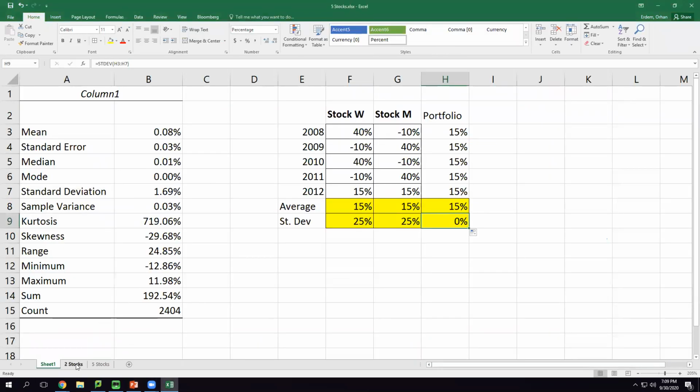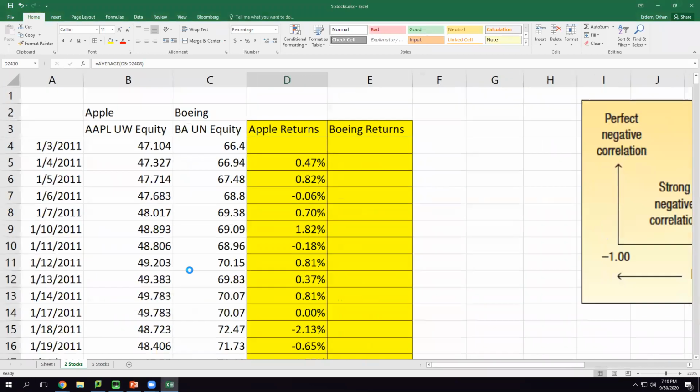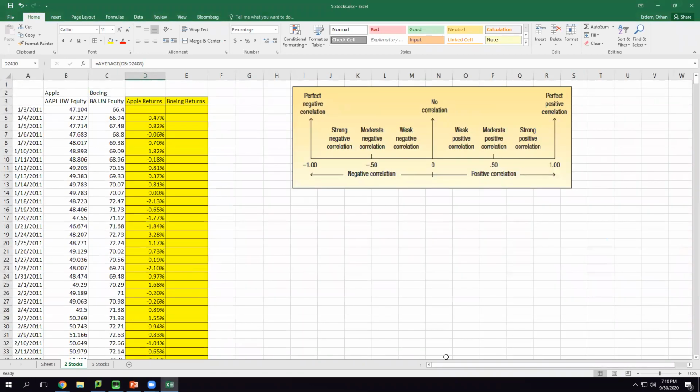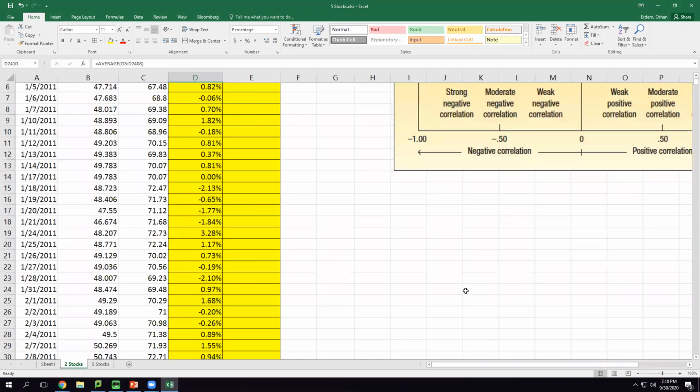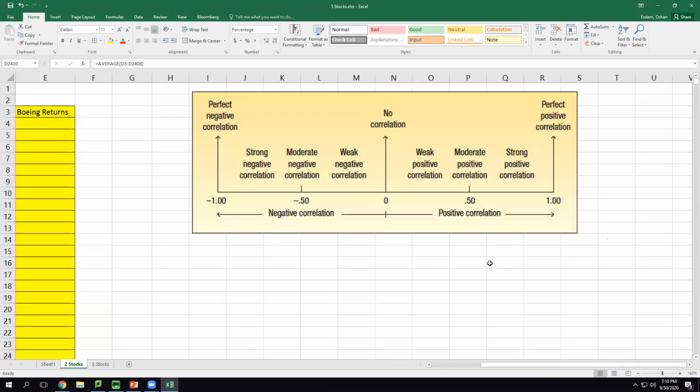Let's open this Excel sheet, which we downloaded in the class. This is what correlation is. There's a little tiny graph here. Correlation is a number between -1 and +1. The closer you are to 1, the higher the co-movement between two variables.